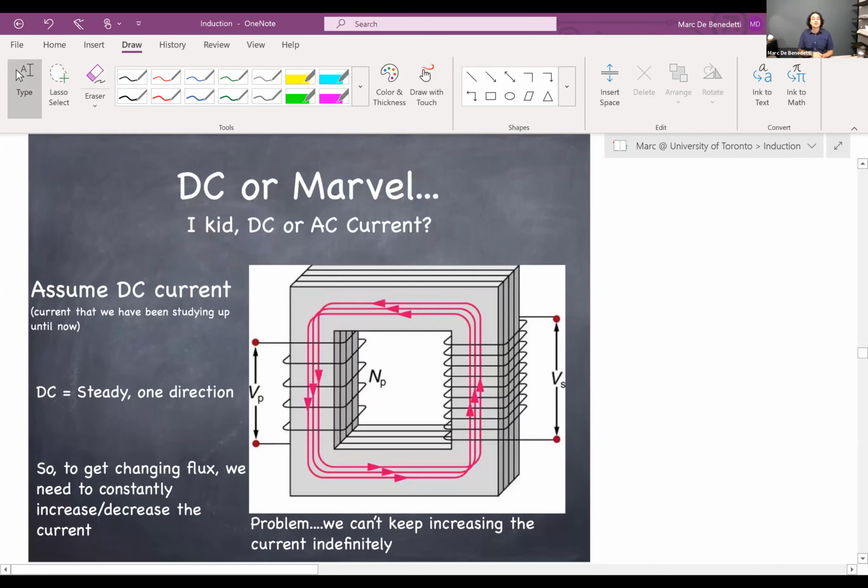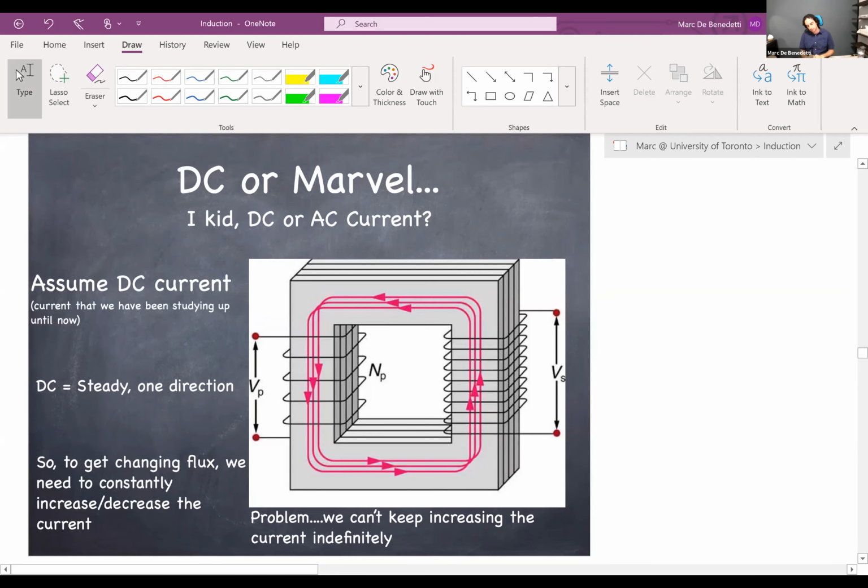Okay, so where does that leave us? Now that we know the flux felt by the secondary is able to be forced to be equal to the flux felt by the primary, and I've already sort of spoiled my story here, we need AC current. Here's why. Let's assume we had DC current.